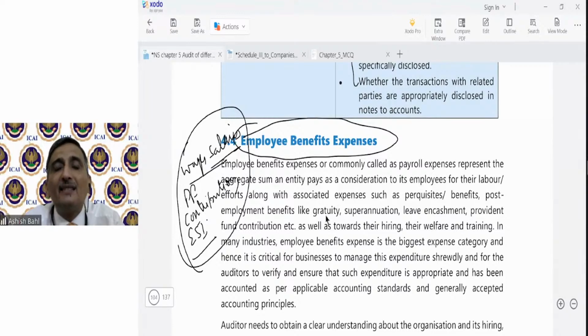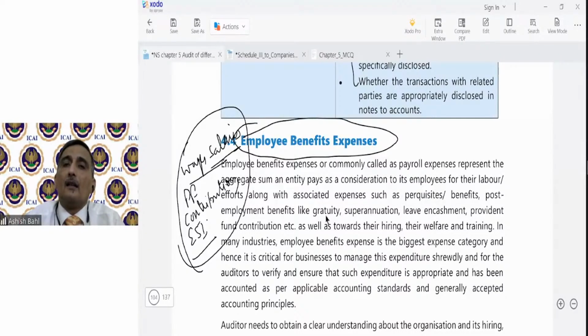On what basis wages and salaries or employee costs have been booked in the books of accounts. So obviously, this is going to be the foremost important thing, to verify payroll records, to verify how the employee costs are being calculated.